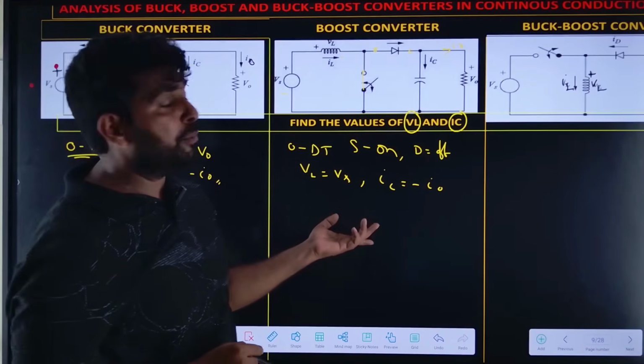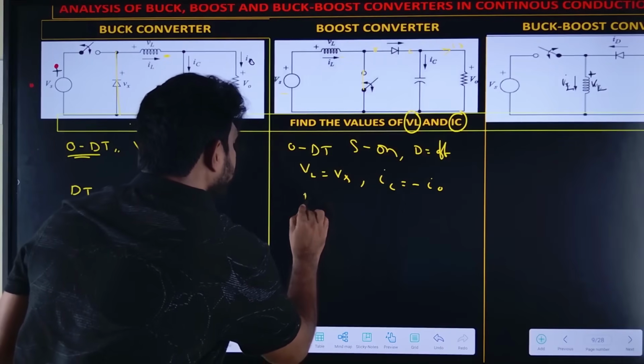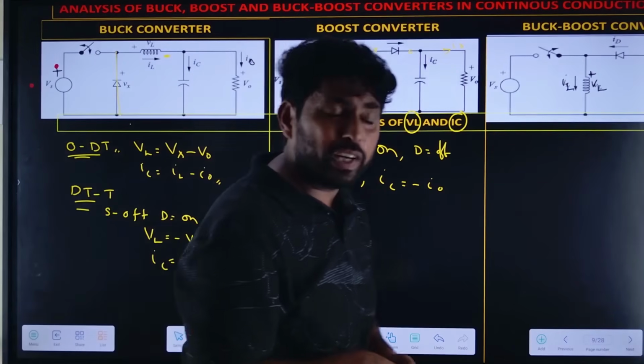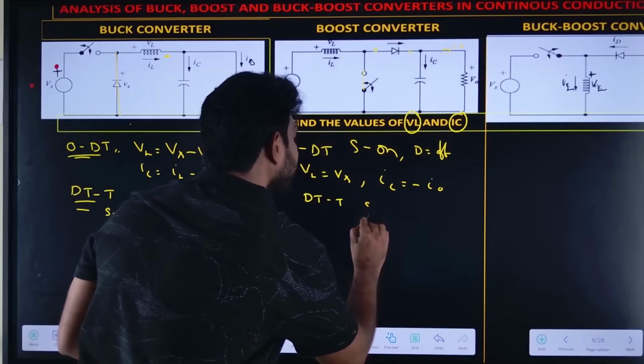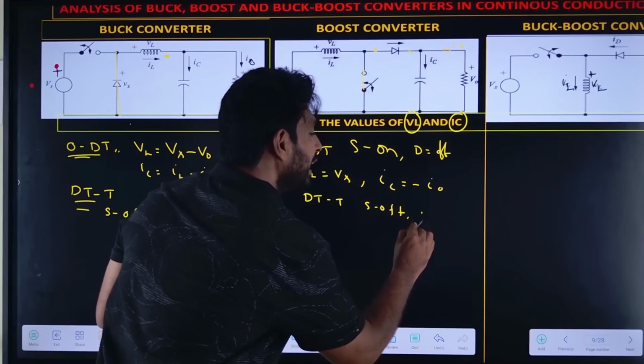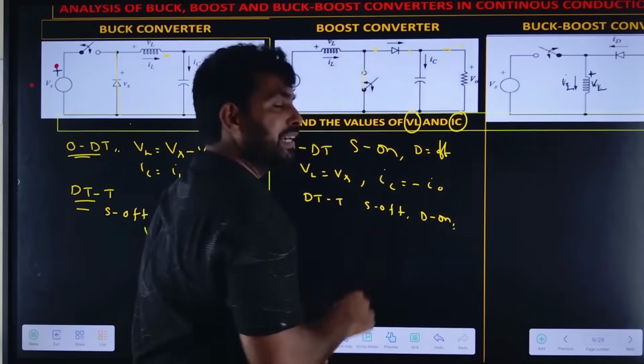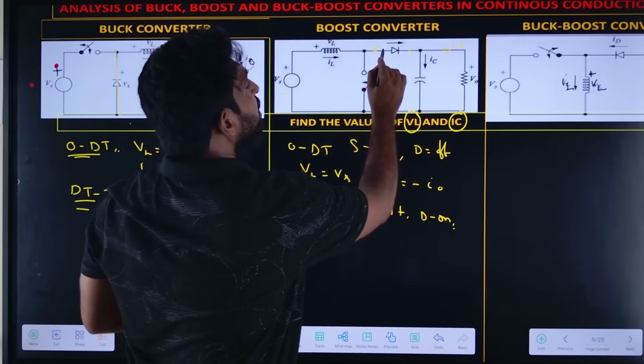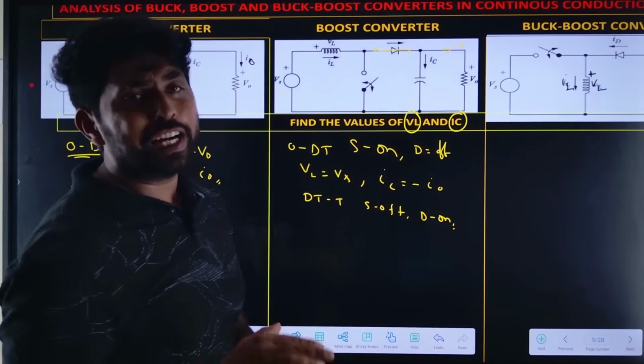Now let us find the dt to t period. What happens? The switch S is in off condition and the diode is in on condition. So now let us find the VL.